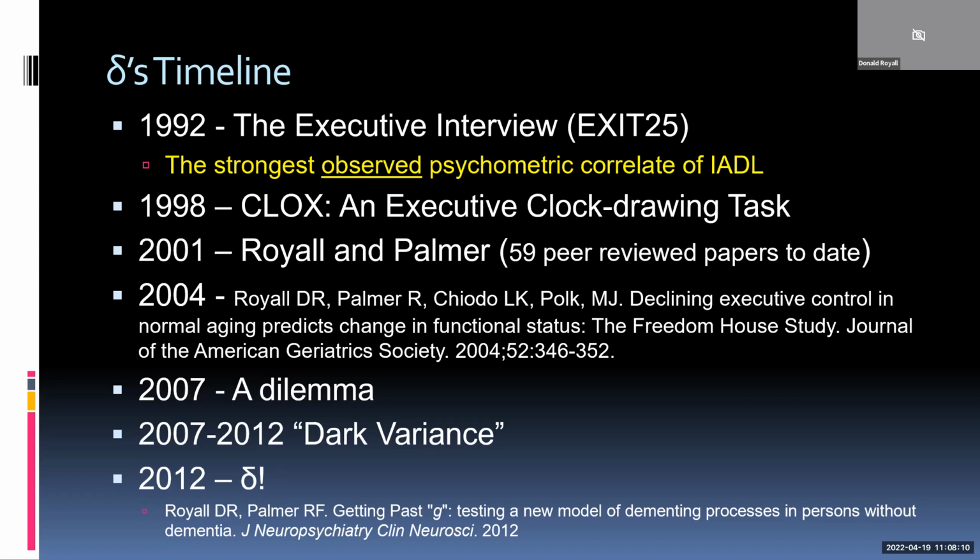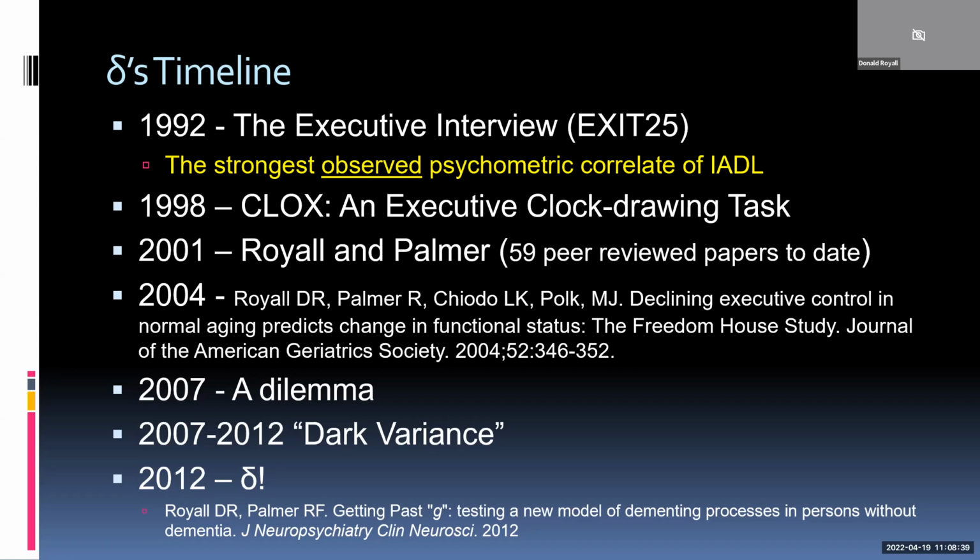We've had a very strong collaborative partnership since then, which has resulted in almost 60 peer-reviewed papers over the years. In 2004, we published what's probably the first latent growth curve of change in a cognitive measure predicting simultaneous contemporary change in functional status. But by 2007, I found myself on the horns of a dilemma that I'll explain in a minute.